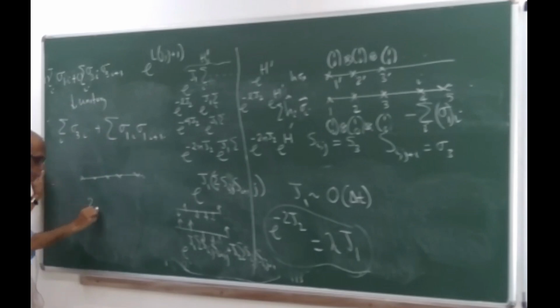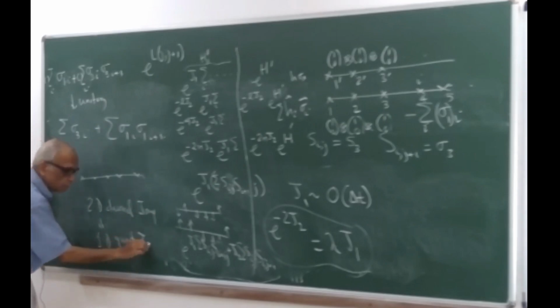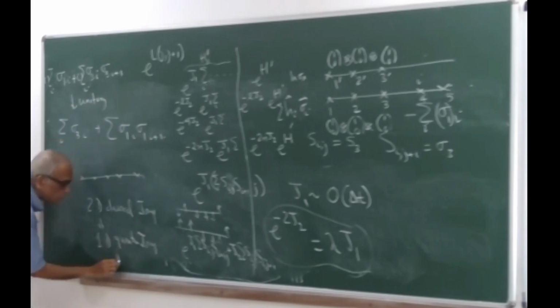So it was a 2D classical Ising, and it has gone to 1D quantum Ising, in an external field. The spins in the X direction, and this is in the Z direction.